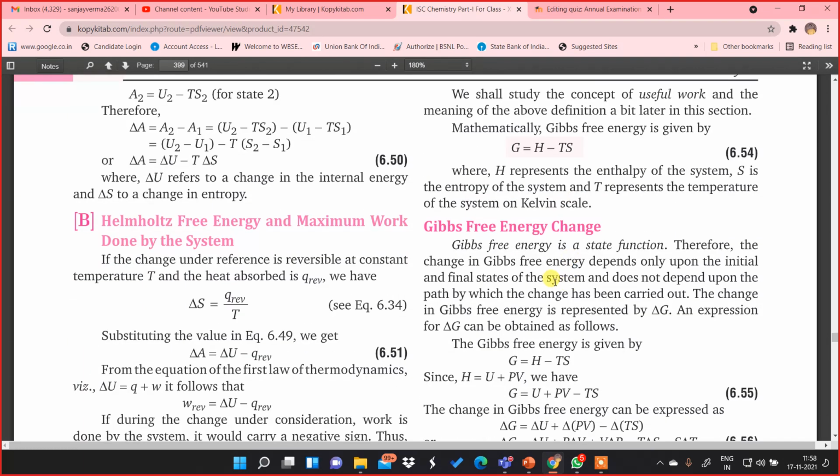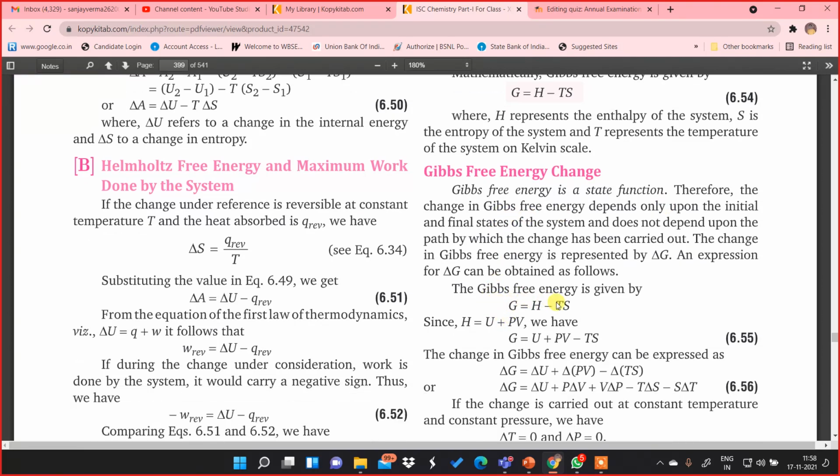Now, looking at the Gibbs free energy change, we know it is a state function. Therefore, the change in Gibbs free energy depends only upon the initial and final state. So, keeping all this in mind, if you write down the Gibbs free energy once again and substitute U plus PV instead of H, we get a relation G is equal to U plus PV minus TS.